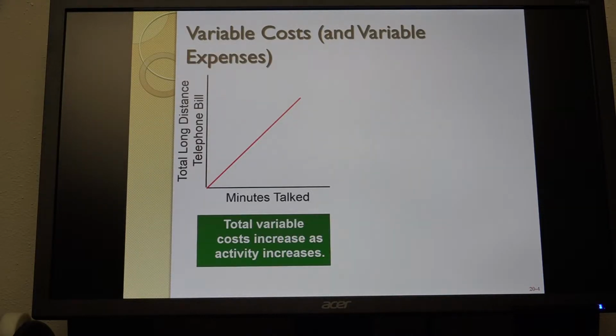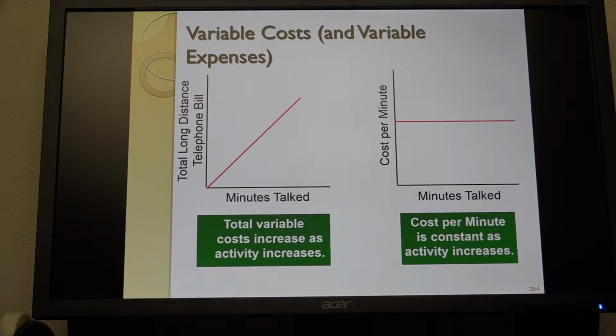All right, now compare that with variable expenses. These are costs that increase as activity increases. Well, you've got that warehouse that you've got to pay for regardless of activity, but once you put the manufacturing in process, you're going to have cost of raw materials. Your raw materials cost is going to increase as activity increases. Your direct labor is going to increase as activity increases, and factory overhead is going to increase as activity increases.